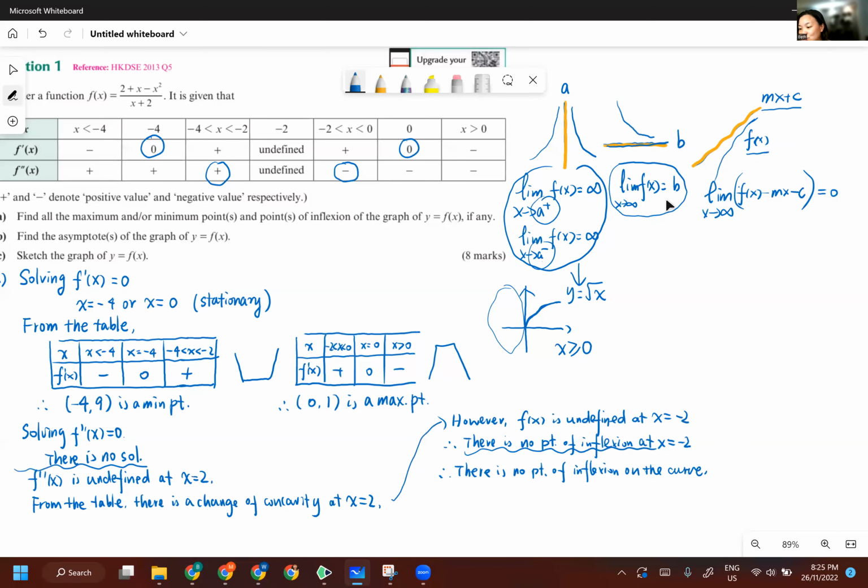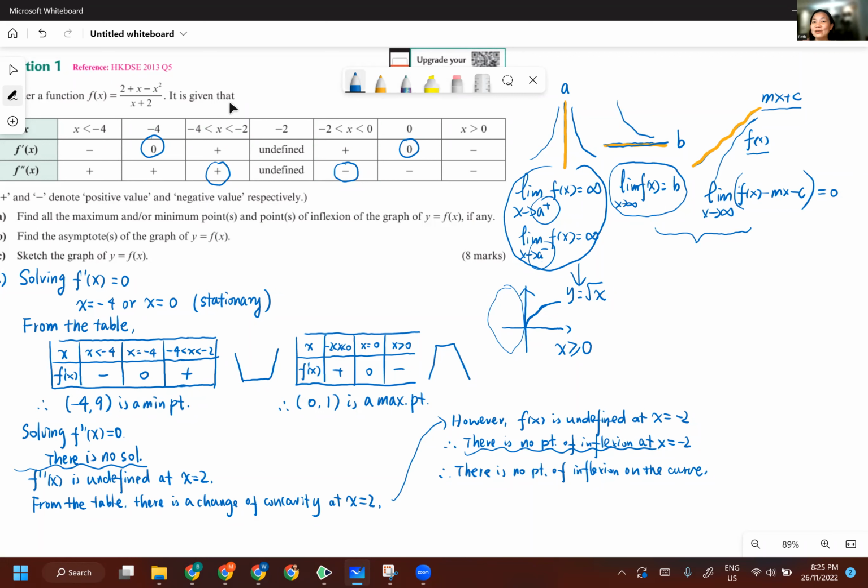Now, another confusion is between these two, horizontal and oblique. Oftentimes you will see the teacher find one and ignore the other one. Later on, you will see me do this. In this question, I will go find the vertical asymptote and the oblique asymptote, but I will ignore the horizontal asymptote completely.